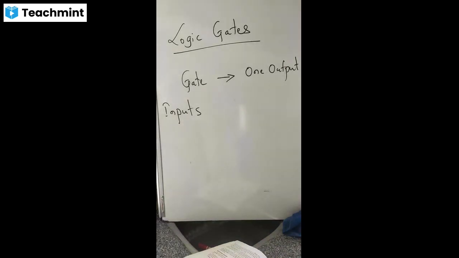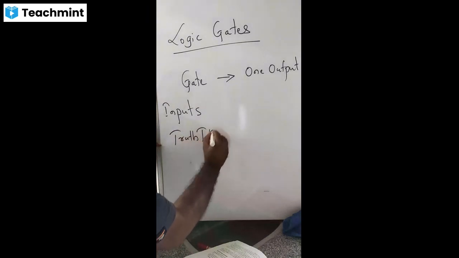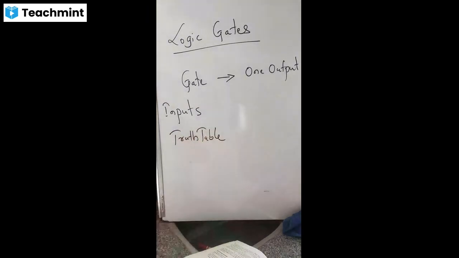Now, how inputs are given and how the output is measured, to record that, we are going to use a table. That table we are going to call a truth table. When we start studying the gates one by one, we are going to see the truth tables.